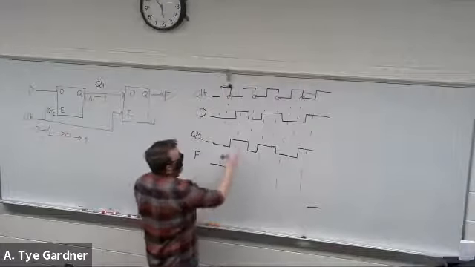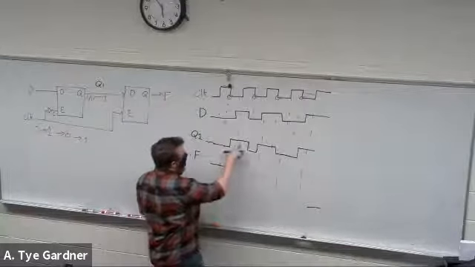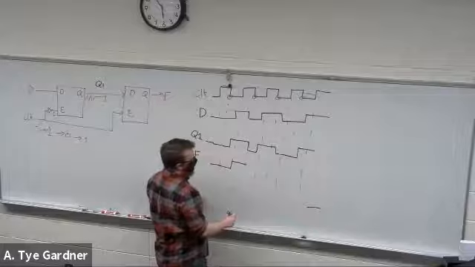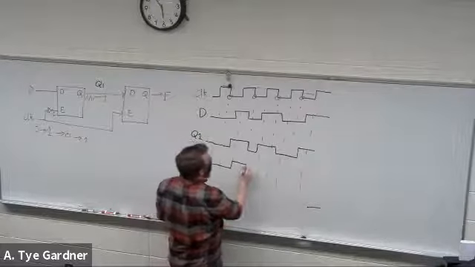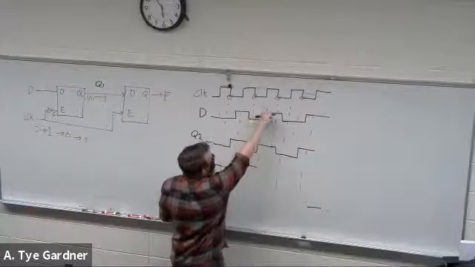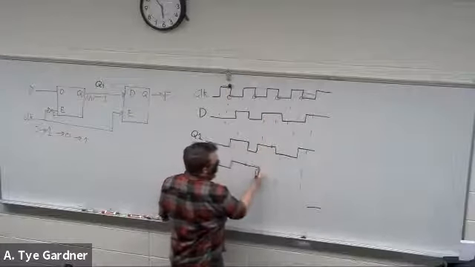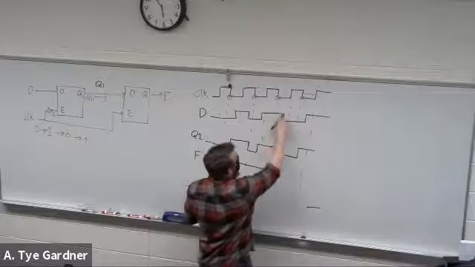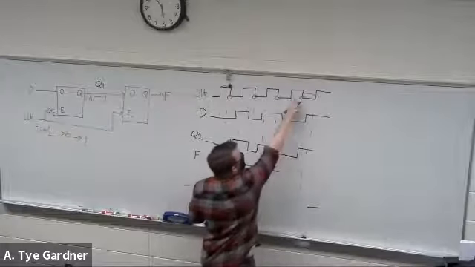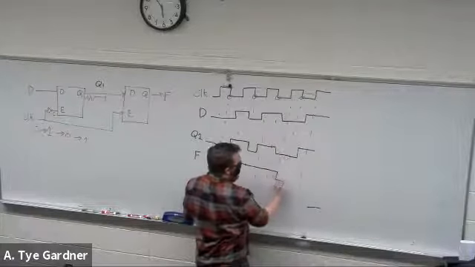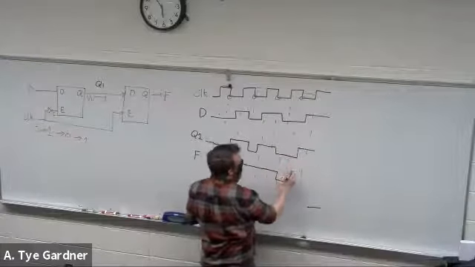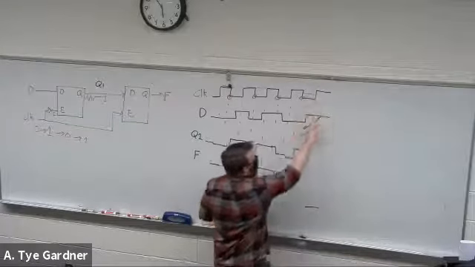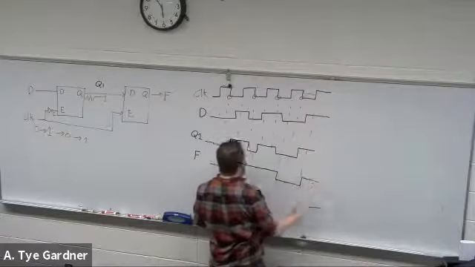So now clock is 1 again, I can follow Q1. Okay, we're locked until this point. I can now follow here, we're still 1. That was 1, we can follow, it's a 0. Still 0. And then the clock is 1, so we can follow, it goes up to 1.